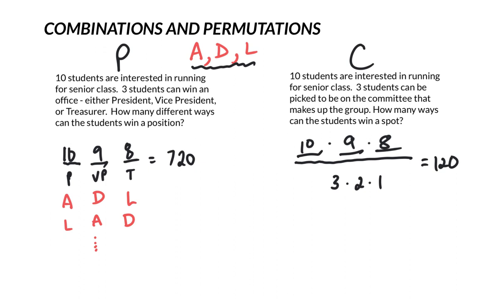Now, in terms of a formula, what you'll usually see is n factorial, n being the total number. So in this problem, it was 10. Well, it's the same thing over here. We started with that. Then you'll see an n minus r, where r is the number of kids we're picking.